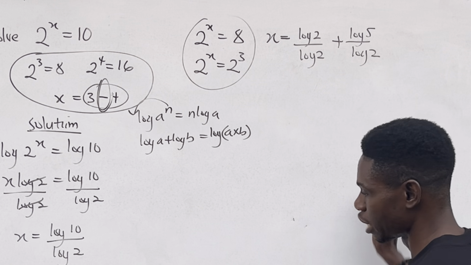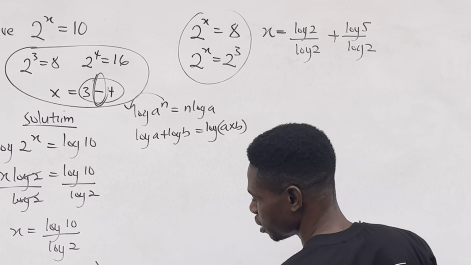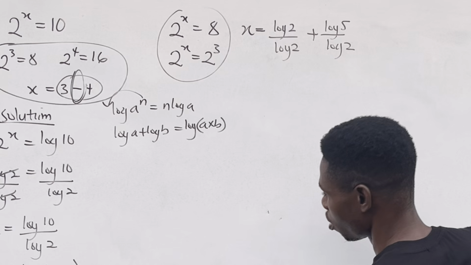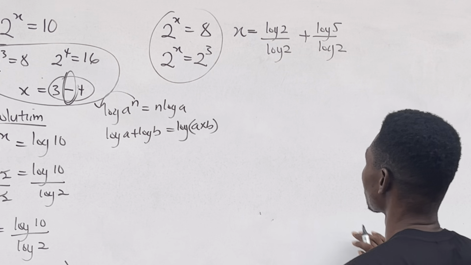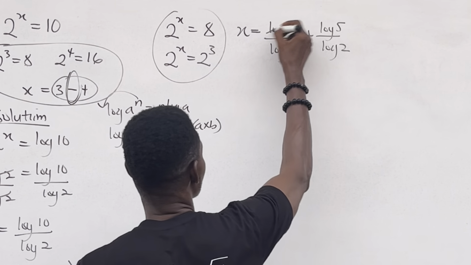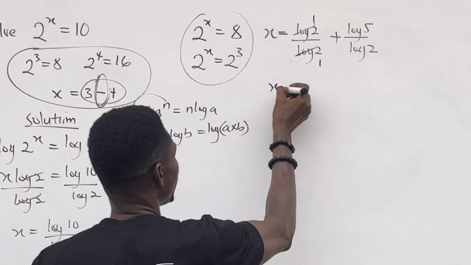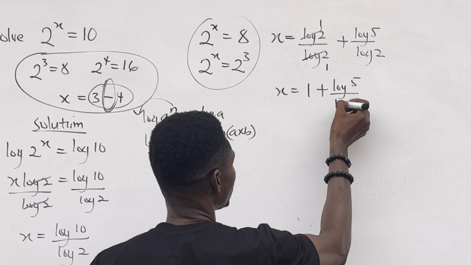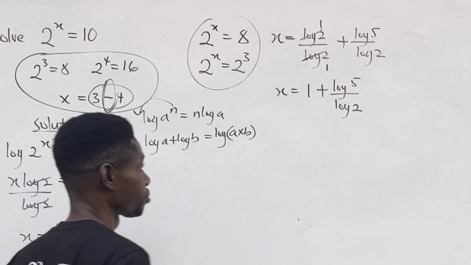So you get what I'm doing? I just shared it to the denominator. So we have log 2 over log 2 plus log 5 over log 2. And log 2 over log 2 cancels out. So our x equals 1 plus log 5 over log 2.